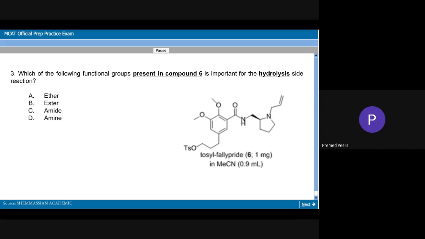Remember that when they tell you about something that is already given, read it very carefully. So it's not asking about something that is not present in compound 6. If there's a functional group that can do hydrolysis but is not in compound 6, you should eliminate that as soon as possible. And then secondly, it's asking about the hydrolysis reaction.